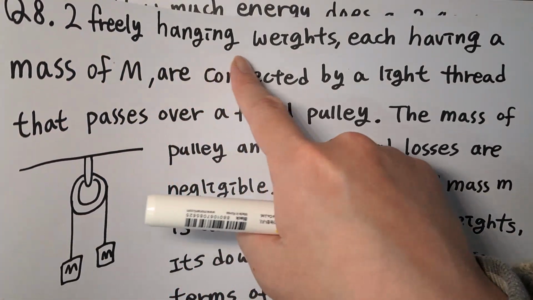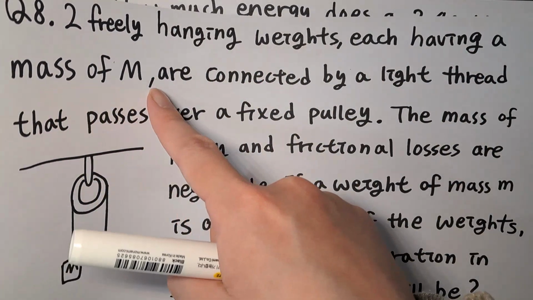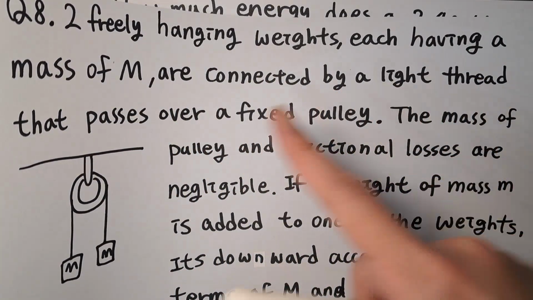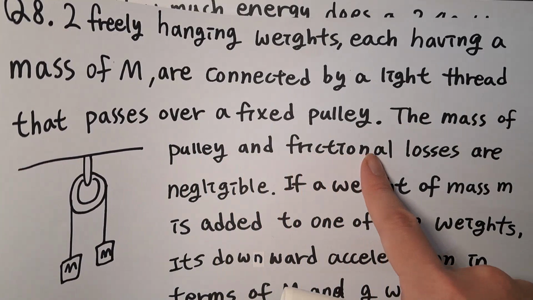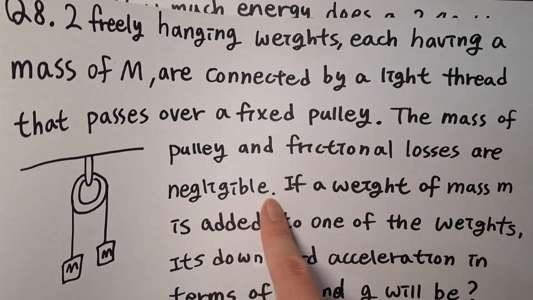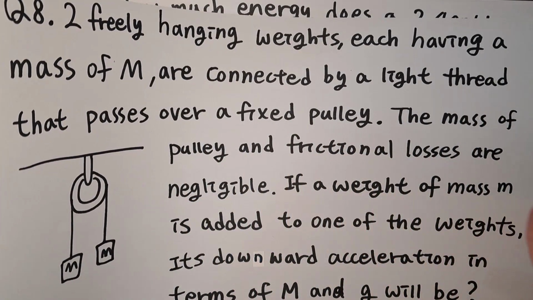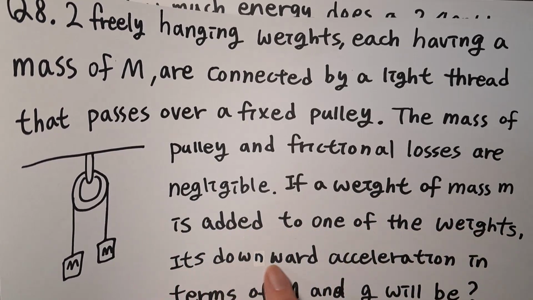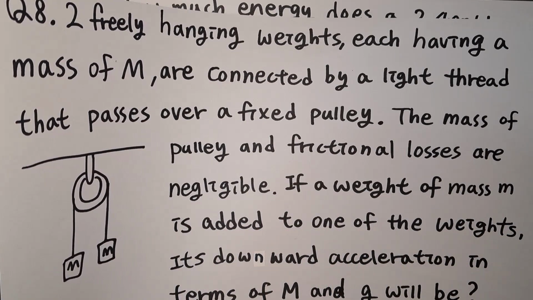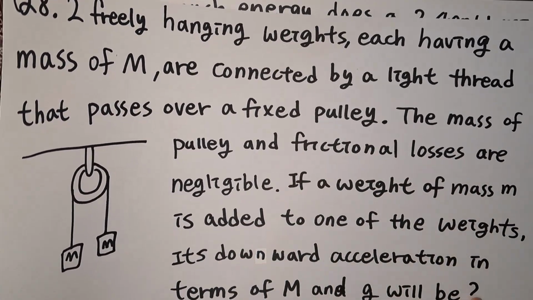Two free hanging weights, each having a mass of m, are connected by a light thread that passes over a fixed pulley. The mass of the pulley and frictional losses are negligible. If a weight of mass m is added to one of the weights, each downward acceleration in terms of m and g will be?